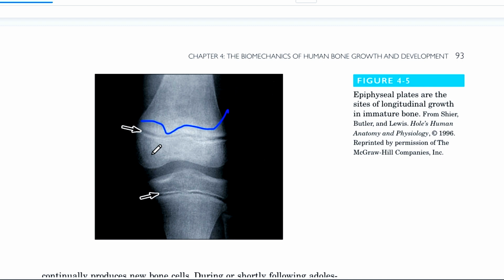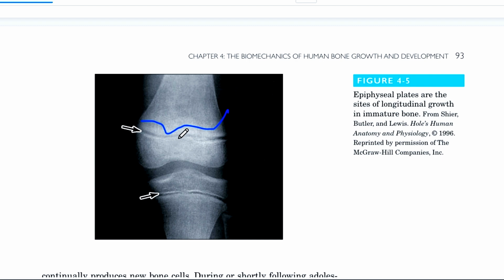Closure of the growth phase is when your bones stop making these cells at adolescence, and at that time the epiphyseal plates gradually disappear. When the plates close, the bone fuses and further growth in length stops.